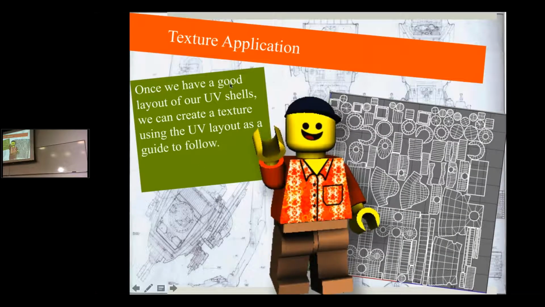Now, in terms of our shell layout, of course, we want to have the best possible shell layout, and we want to fit all of our shells in the 0 to 1 space. As you recall, that upper right-hand corner is where Maya goes by default to find texture information.